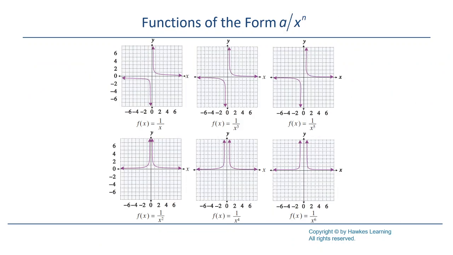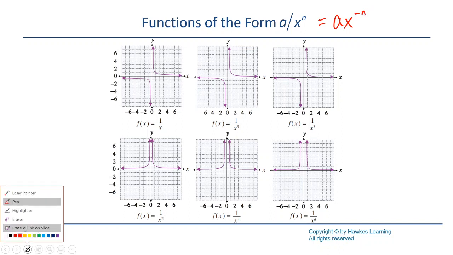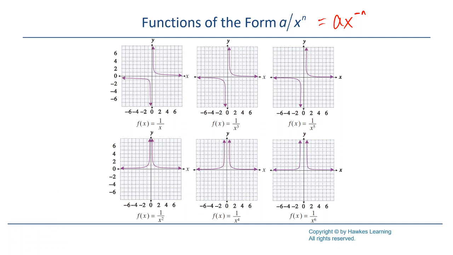Now, this is a times x to the 1 over n, or a times x to the negative n, which sometimes you will just see written that way, and that just comes from exponent rules. Again, we're using the parent function idea where a is equal to 1.